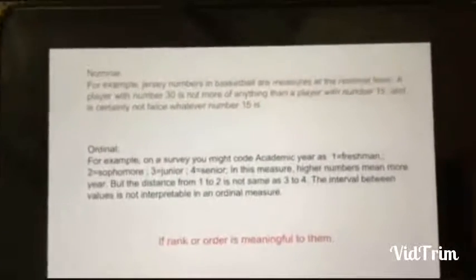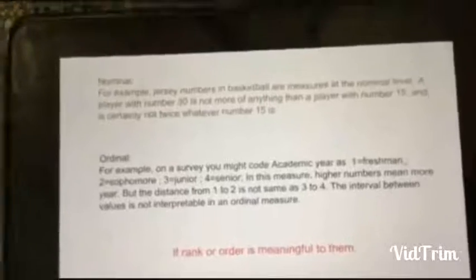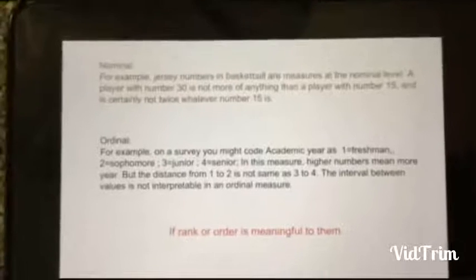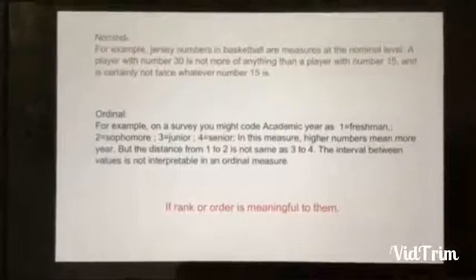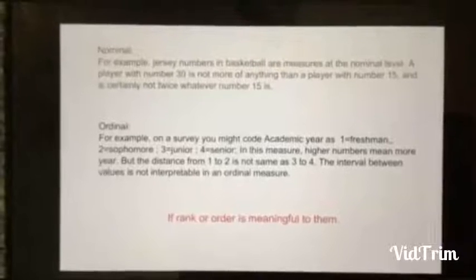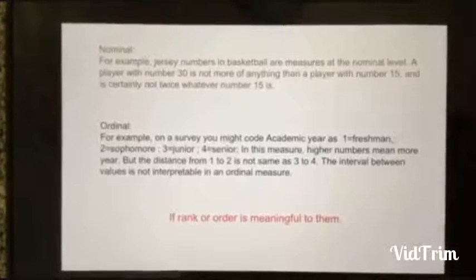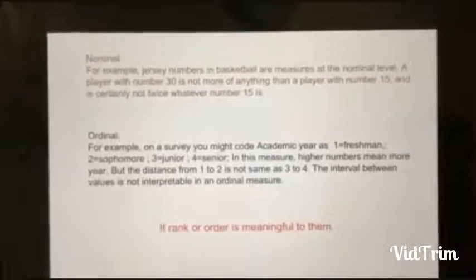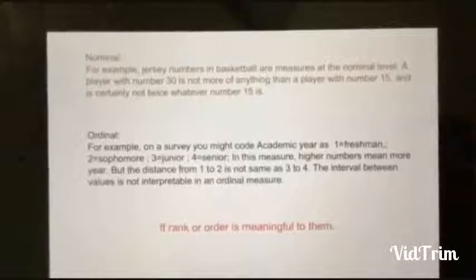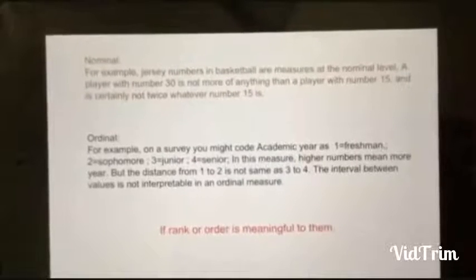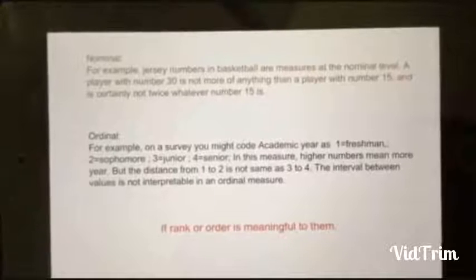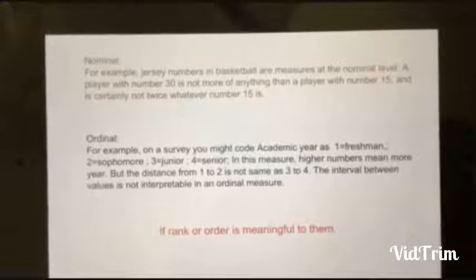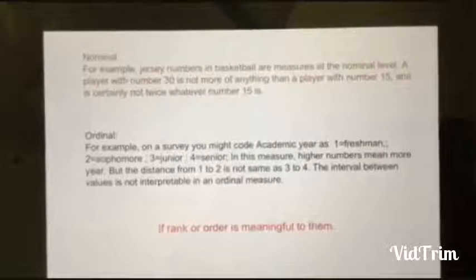And for ordinal scale, for example, on a survey you might code academic year as 1 for freshman, 2 for sophomore, 3 for junior, and 4 for senior. In this measure, higher numbers mean more years, but the distance from 1 to 2 is not the same as 3 to 4. The interval between values is not interpretable in an ordinal measure. In words, the difference between nominal and ordinal is whether the rank or order is meaningful for them.